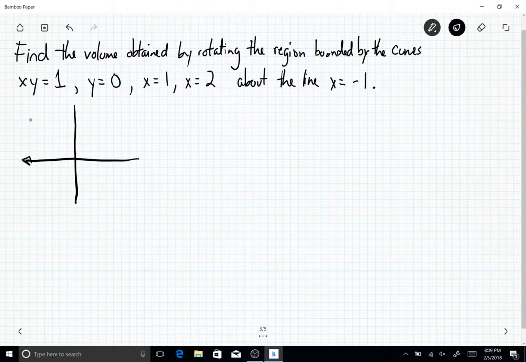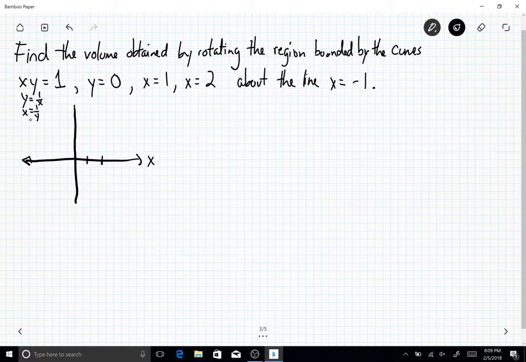So in this one we have y equals 0, so that's just the x-axis. We have x equals 1 and x equals 2. And what that curve looks like, so xy equals 1, you could write it as y equals 1 over x, which is pretty familiar, or you could write it as x equals 1 over y.